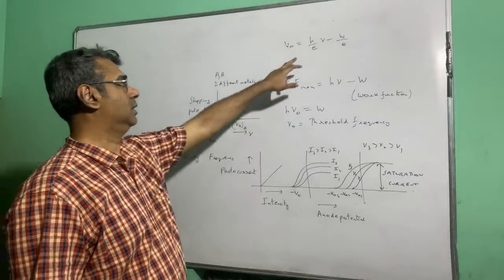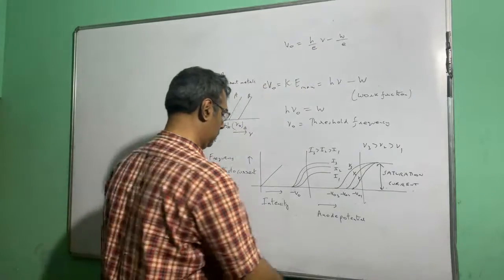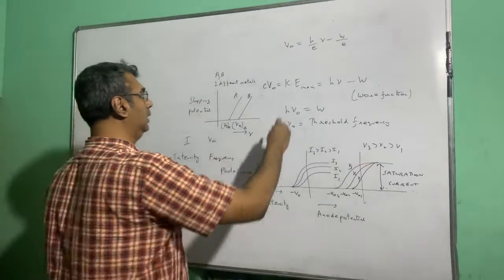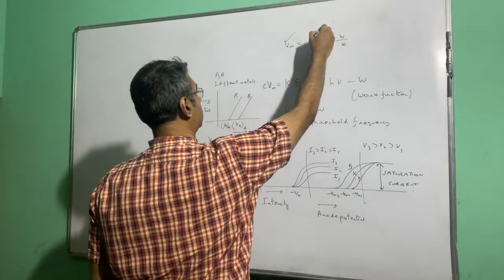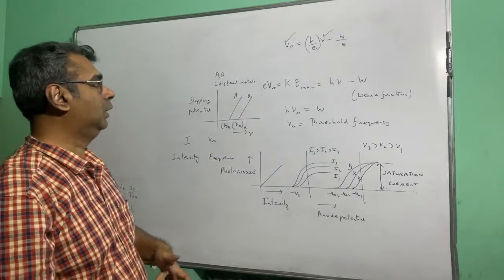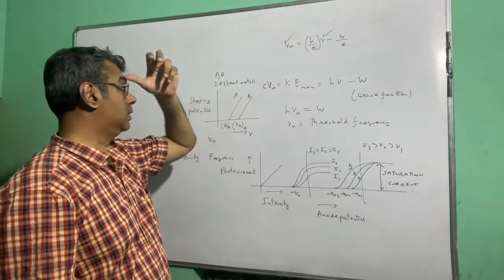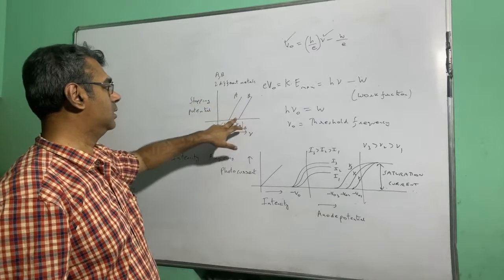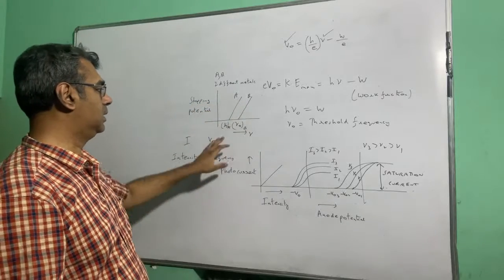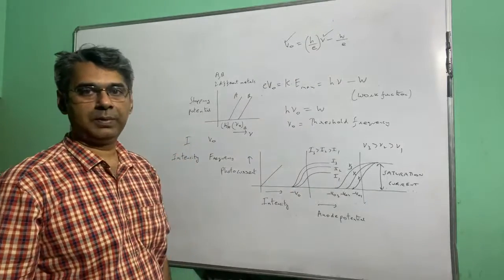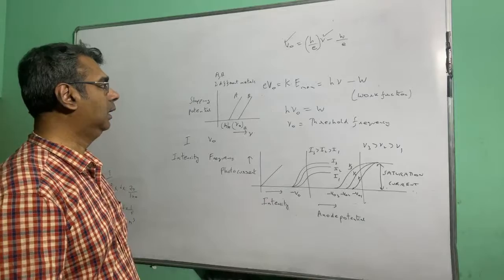Now this is the slope of the graph. If you draw the graph of stopping potential versus frequency, then h by e will be the slope of the graph. So you can see that for different metals, the slope of the graph will be the same. Whether it is metal A or metal B, all the lines are parallel because the slope is h by e, which is the same for all.